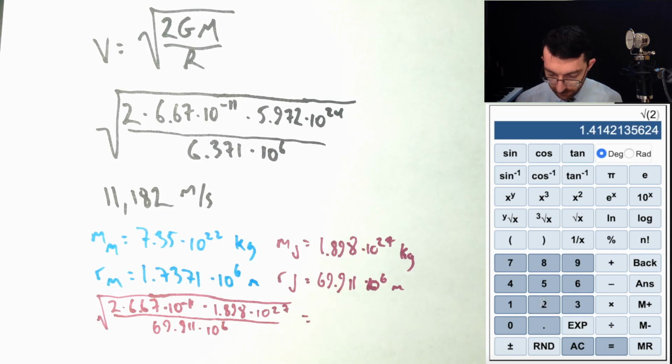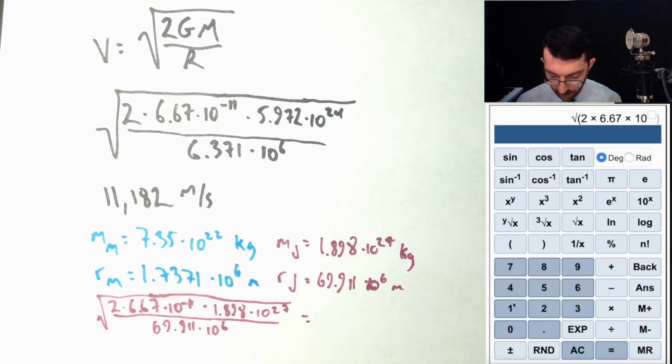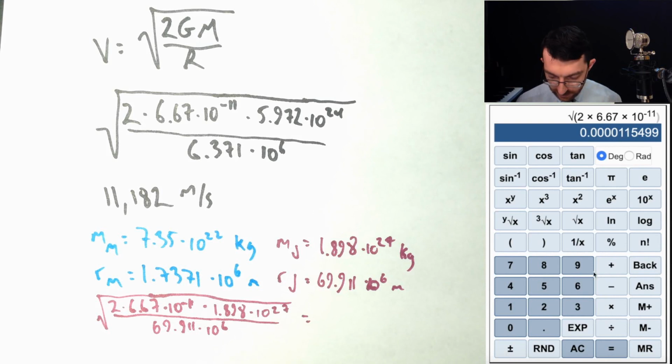Square root of 2 times 6.67 times 10 to the power of negative 11, times 1.898 times 10 to the power 27, divided by parentheses 69.911 times 10 to the power 6. I always feel like it's such a workout to enter numbers on a calculator, but it's really not.